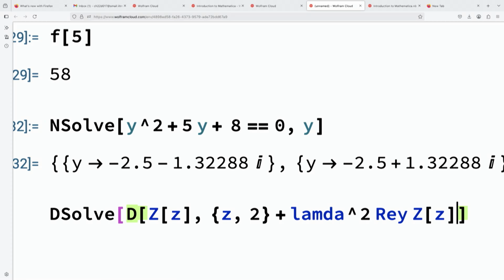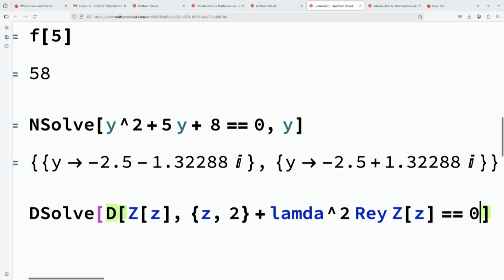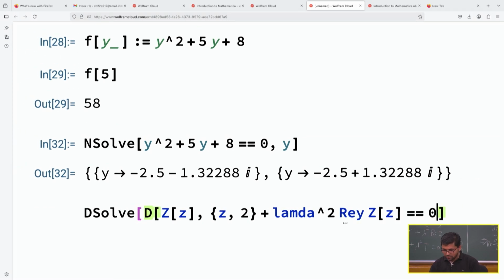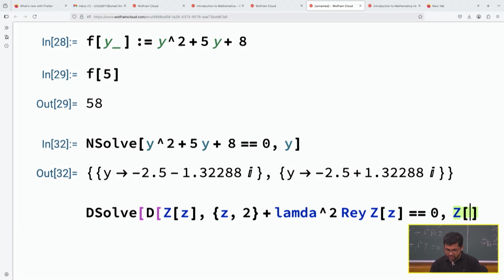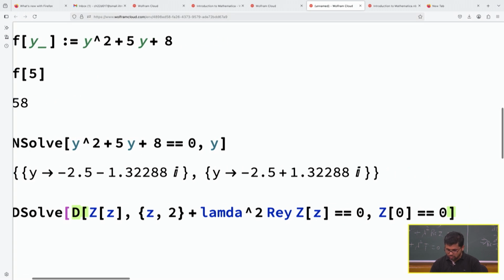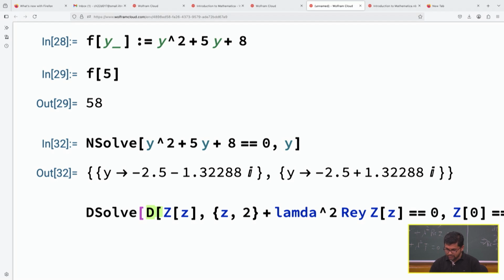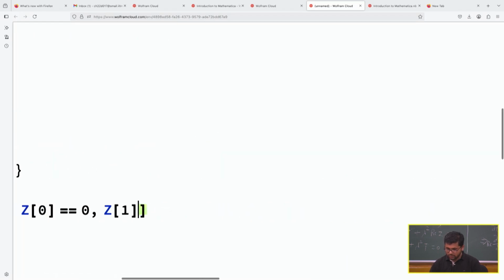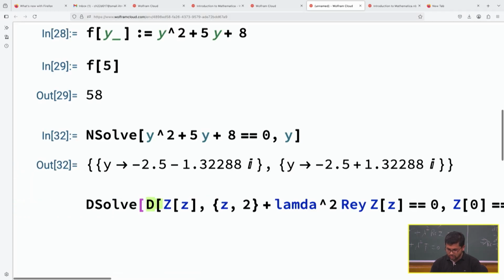This is equal to 0, and let me do this in this much magnification. So, this is equal to 0 and the boundary conditions are Z at z equal to 0 is equal to 0, comma, capital Z at z equal to 1 is equal to 0.